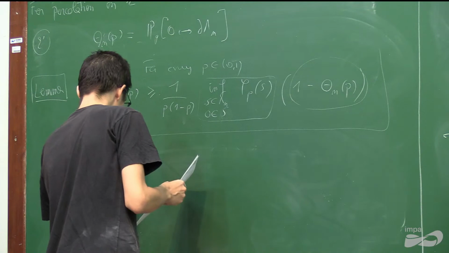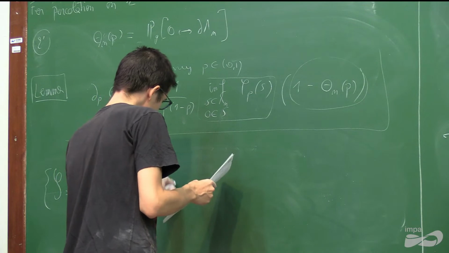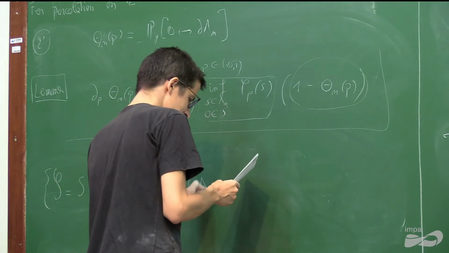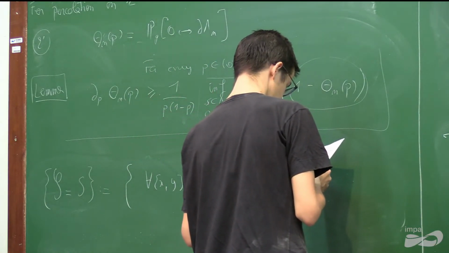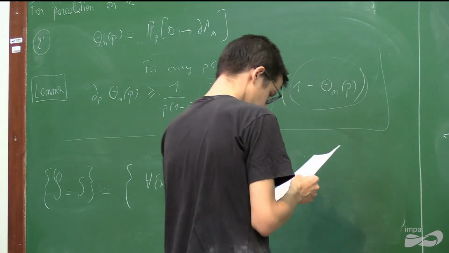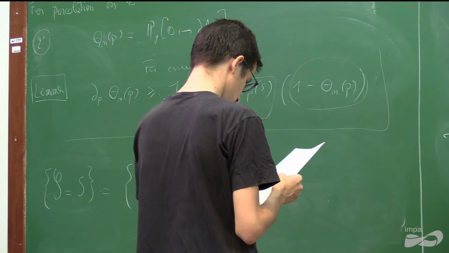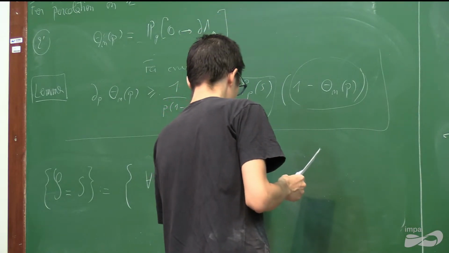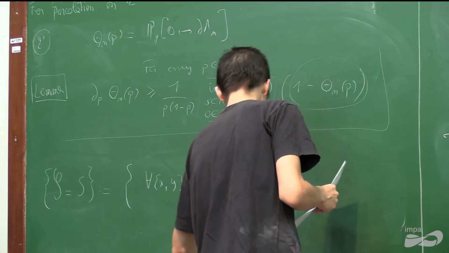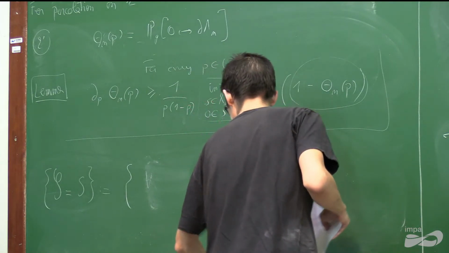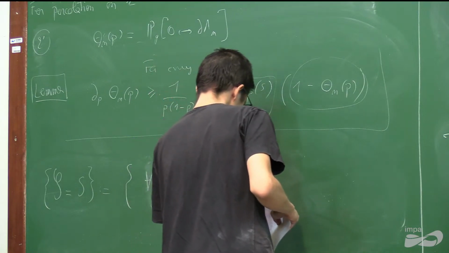Okay, so this event, I can rewrite it as follows. So for all E in delta S, E is closed.